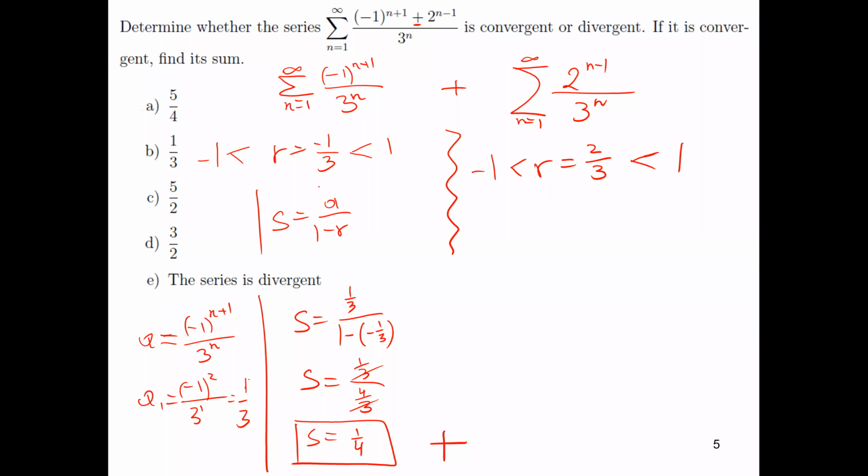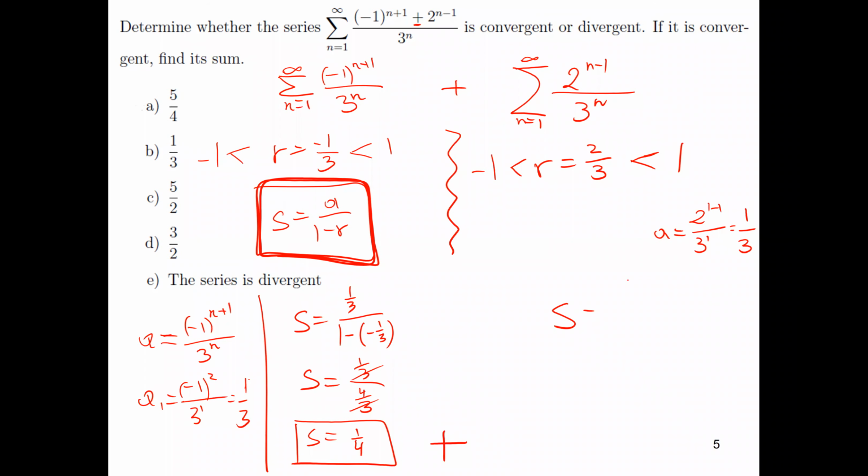We may use the formula, because remember, we can only use this formula if the common ratio is from that interval. Okay, let's compute the first term. The first term will be 2 to the power of 1 minus 1 over 3 to the power of 1. 2 to the power of 0 is 1, and 3 to the power of 1 is 3. Actually 1/3, the same thing.